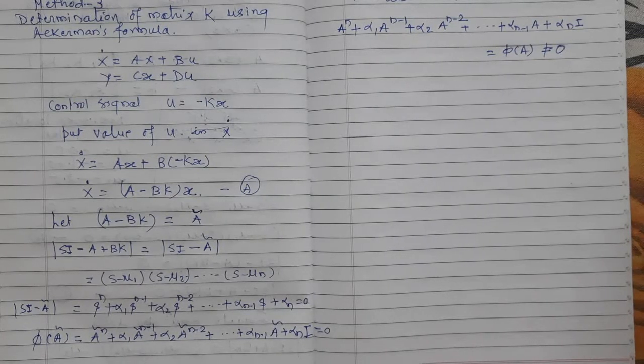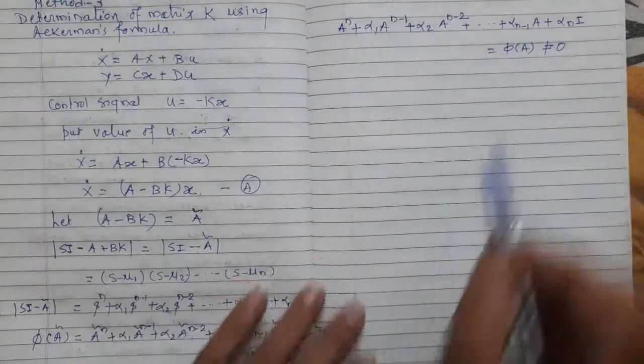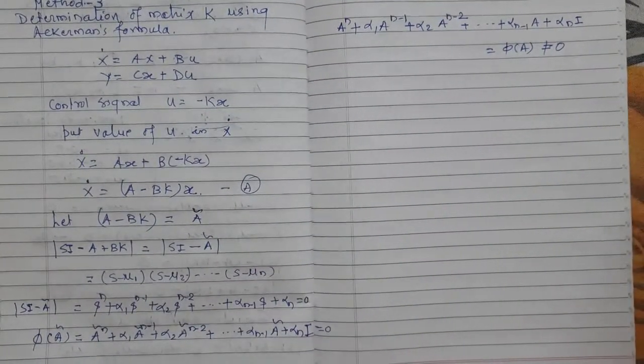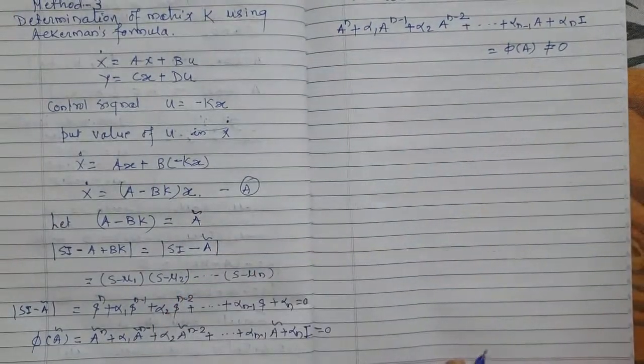Now see here, Ackermann's formula is this one. This is phi A, which we have to find out first.